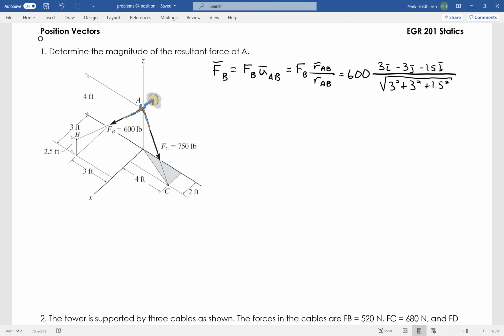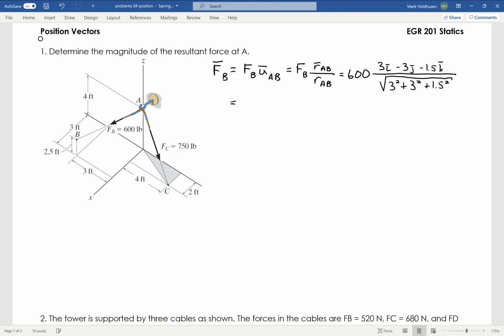The 3, negative 3, and negative 1.5 are the x, y, and z direction from A to B. So I go 3 in the x, negative 3 in the y, and negative 1.5 in the z to go from A to B. What I'll actually get is that the denominator is going to be 4.5. You'll trust me on that.